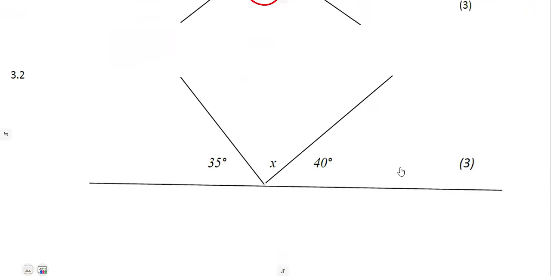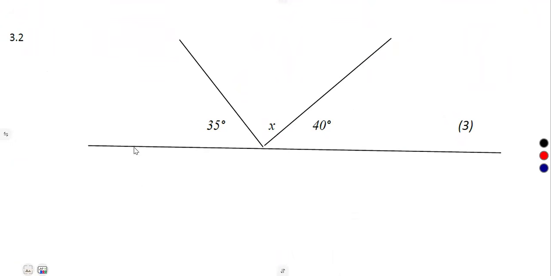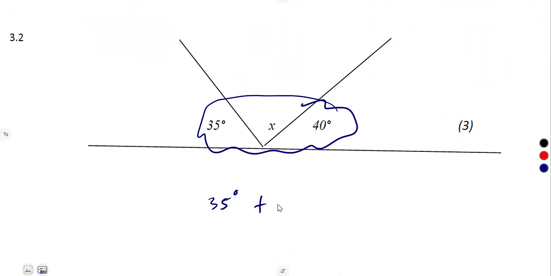And 3.2, we have got a straight line formed. So to find x, we can use angles on a straight line. 35 degrees when added to x, and when added to 40 degrees, it must give us 180 degrees. Angles on a straight line.